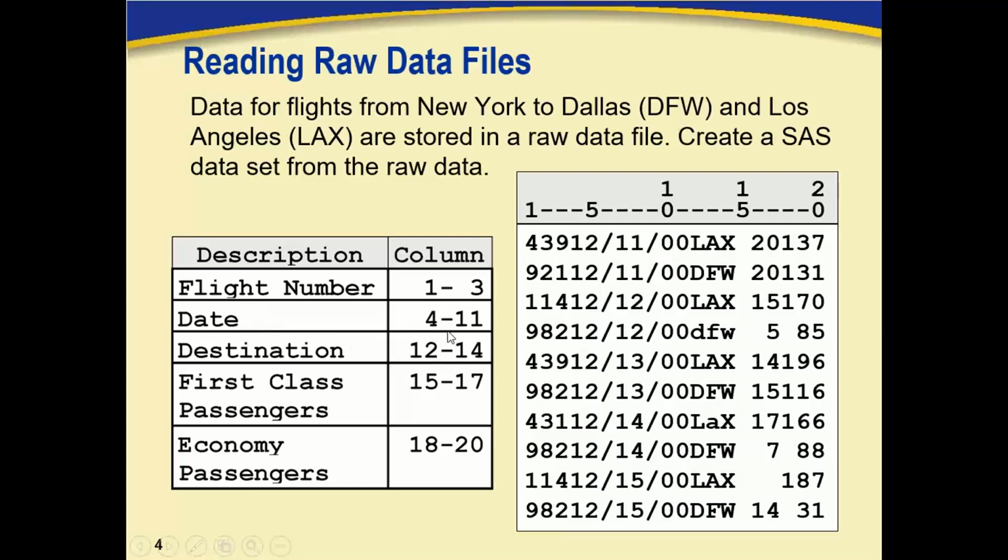Next, 4th position to 11th position represents the date in the file. The next one is the destination, which starts from the 12th position to the 14th position. Next, first class passengers and economy passengers, like this.